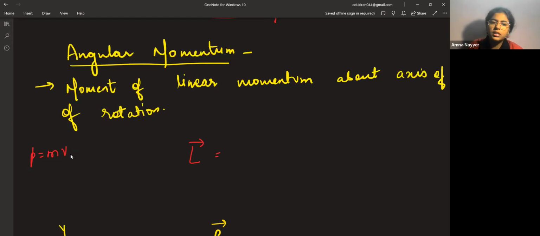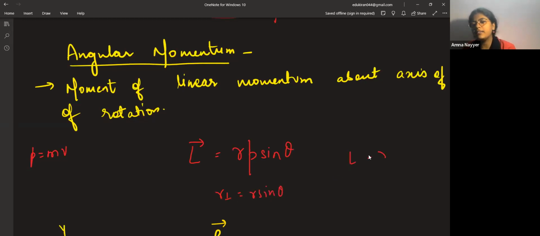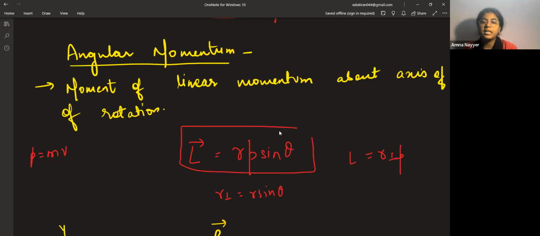Before we jump into it, the normal formula written here is radius into momentum sine theta. Here your r perpendicular is r sine theta. So directly we can write r perpendicular into this. So r cross p. It's actually the cross product, r cross p.